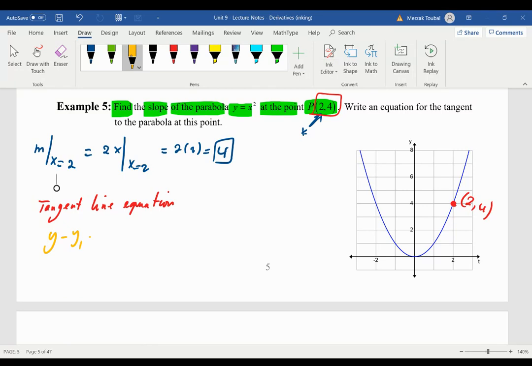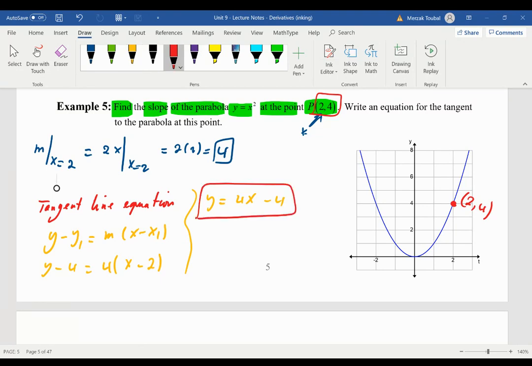y minus y1 equals m times x minus x1. y1 is 4, so y minus 4. The slope, we said it's 4, and x1 is 2. And then we can simplify this to y equals 4x minus 8 plus 4, which is minus 4. So this is the equation of the tangent line.